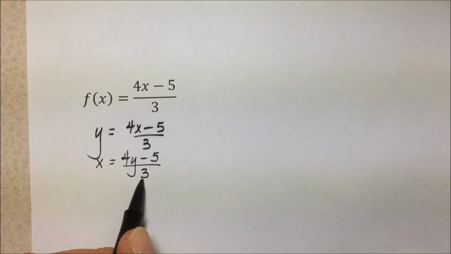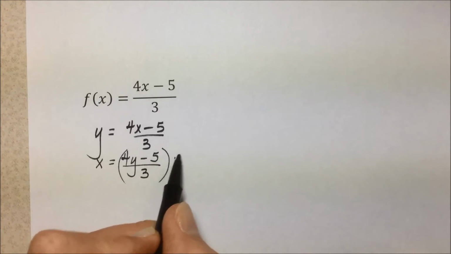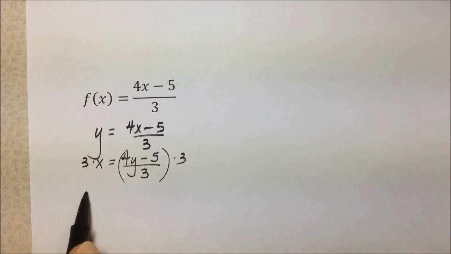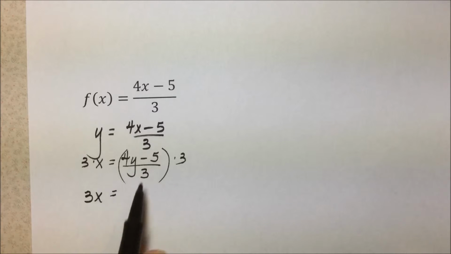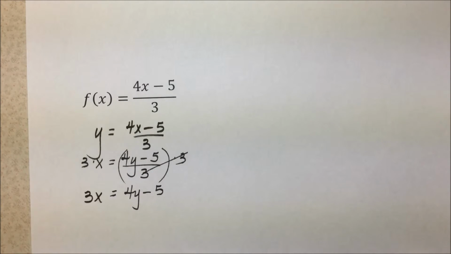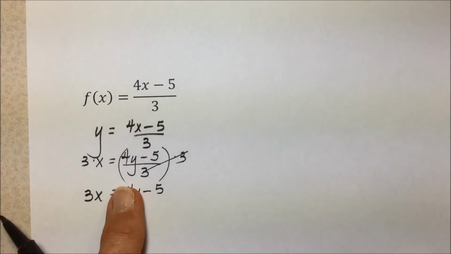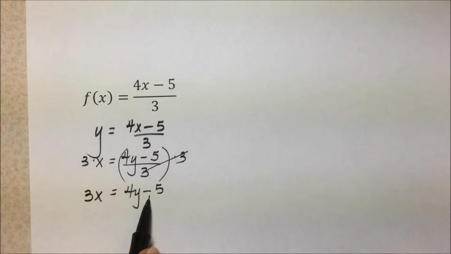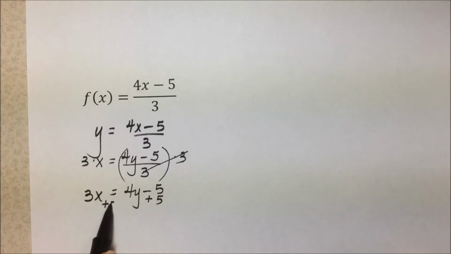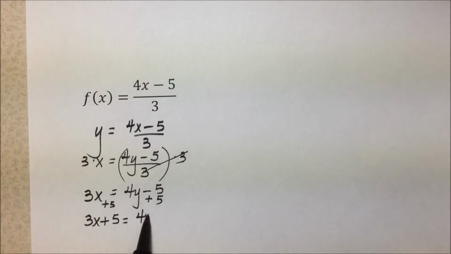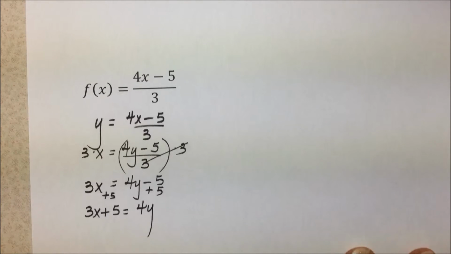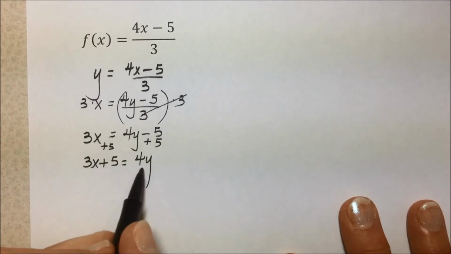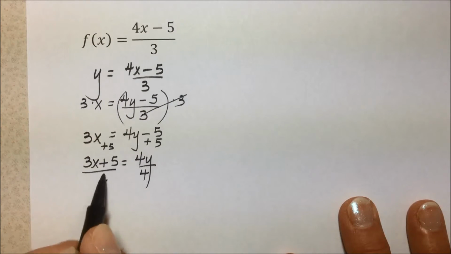So to get rid of the denominator, we'll multiply both sides by 3. We have 3x is equal to 4y minus 5. To undo a subtraction, we add. So we'll add a 5 to both sides. 3x plus 5 is equal to 4y. And last, to get y by itself, divide both sides by 4.